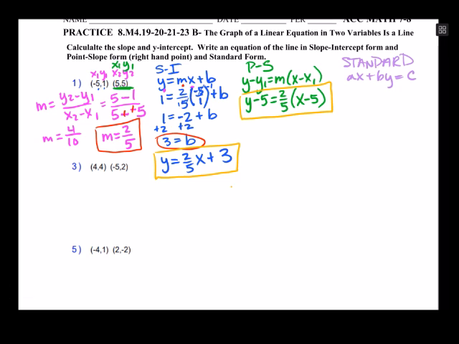So we need to start with either slope-intercept form or point-slope form. It doesn't matter which one. Point-slope form would require distributing and then using our properties of equality. So I'm going to start with my slope-intercept form and go from there, just because it has fewer steps.